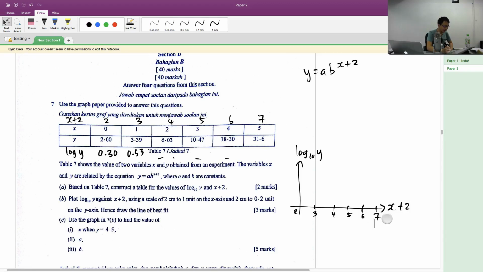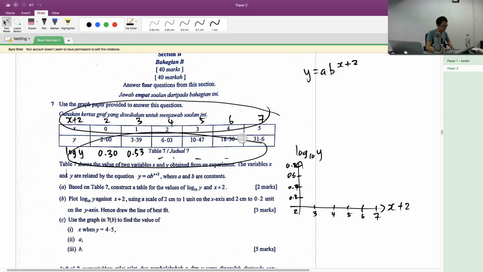For the y-axis it is 0.2 each, so this is 0.2, 0.4, 0.6. Then you continue to see what your maximum is, 0.8, and after that you plot according to the values in your table.